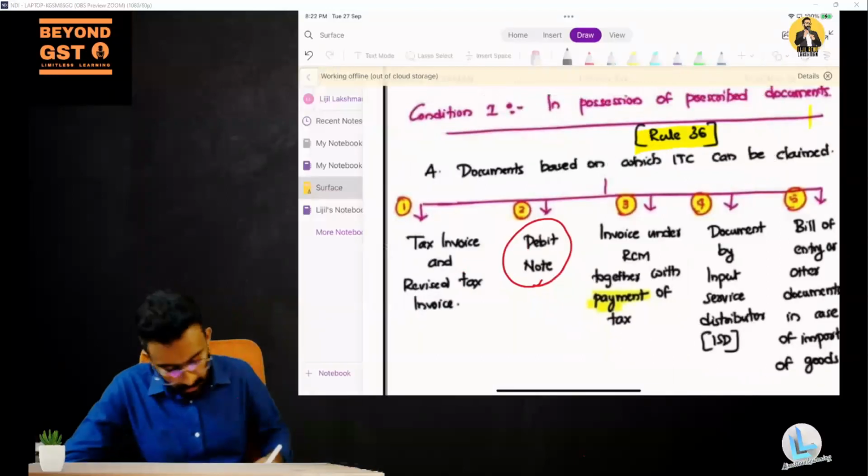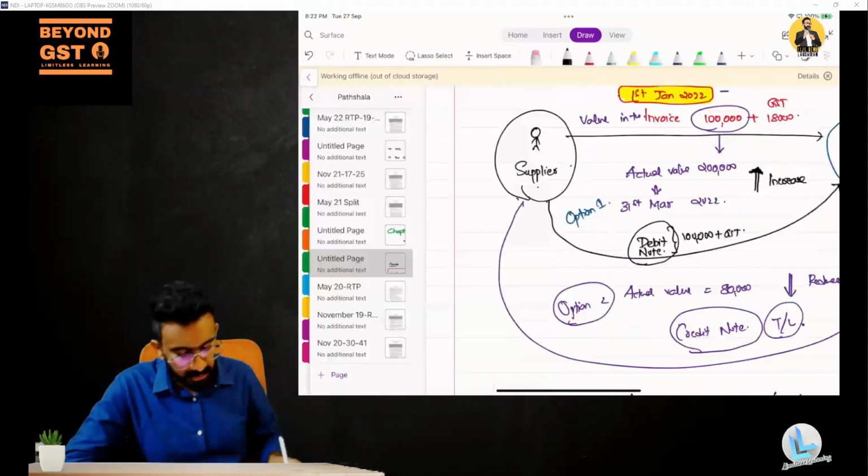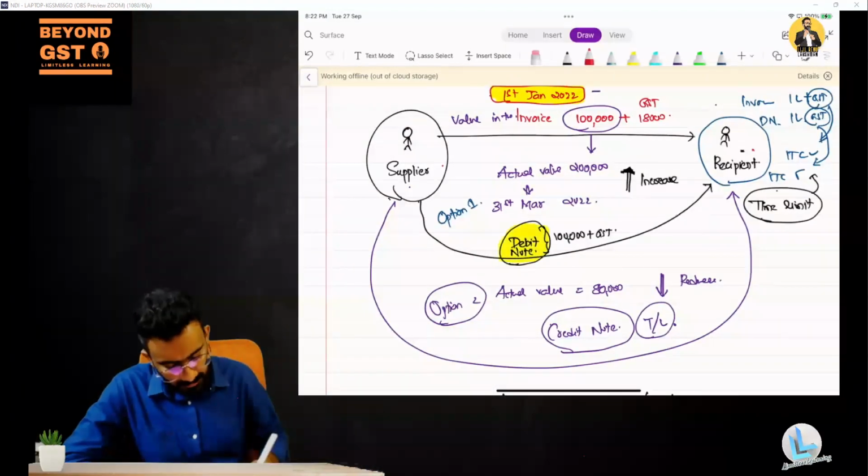Now, look at the practical case where you would issue a debit note or credit note. When will you issue a debit note in practical, in exam questions? Your debit note is issued when interest is additionally charged, under section 15(2)(d).